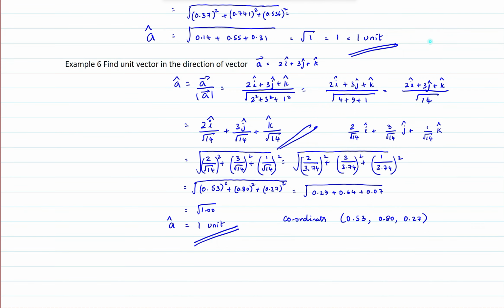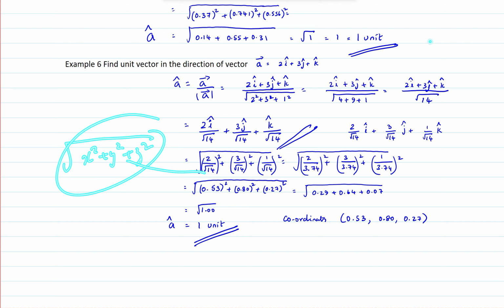On simplifying further, to find the length of the unit vector, we take the components of i, j, k as x, y, z. These are the x, y, z components, and the length of any vector is given by root of x square plus y square plus z square.